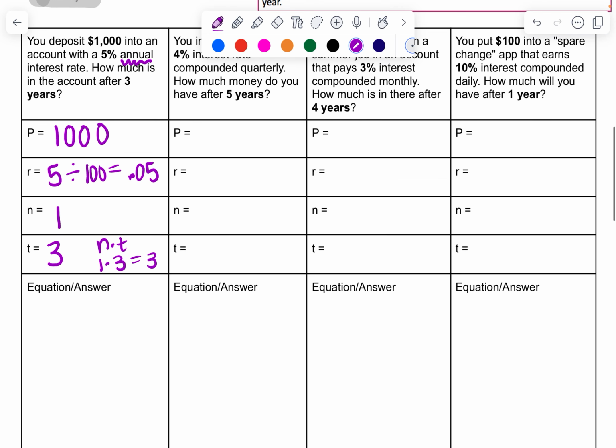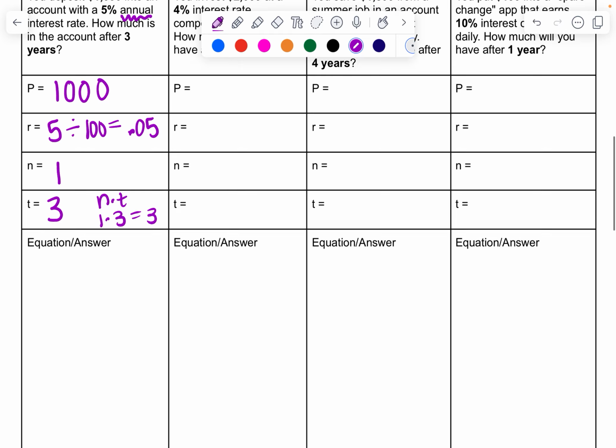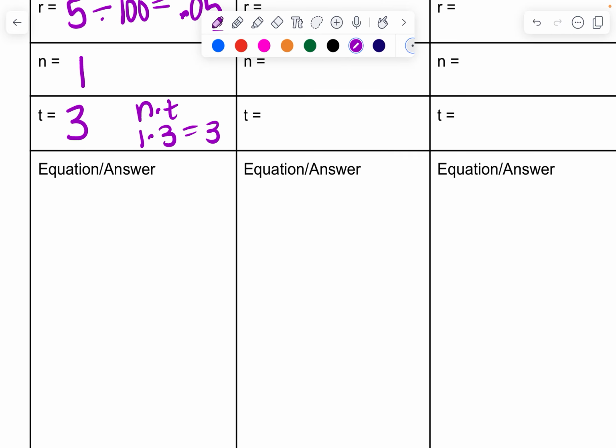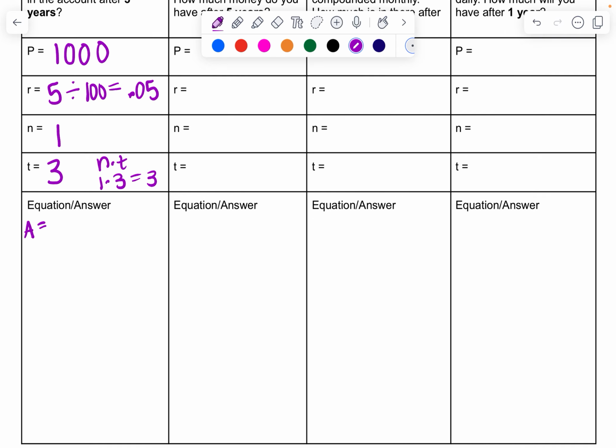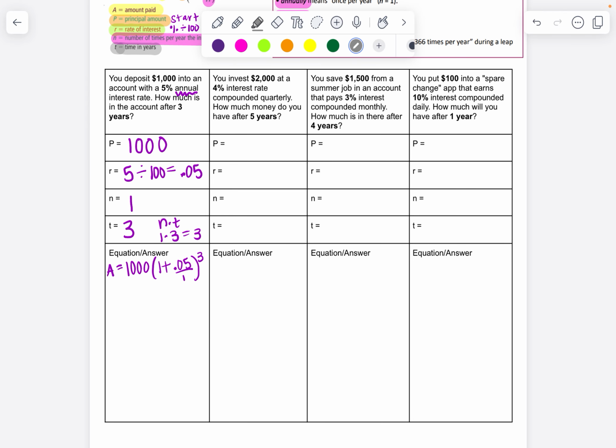So we're going to write our equation first, and then we'll find the answer. So A equals our principal or starting value, which is 1,000, times 1 plus our rate, which is R, divided by N to the power of N times T. So let me again just show you where each of these is coming from.